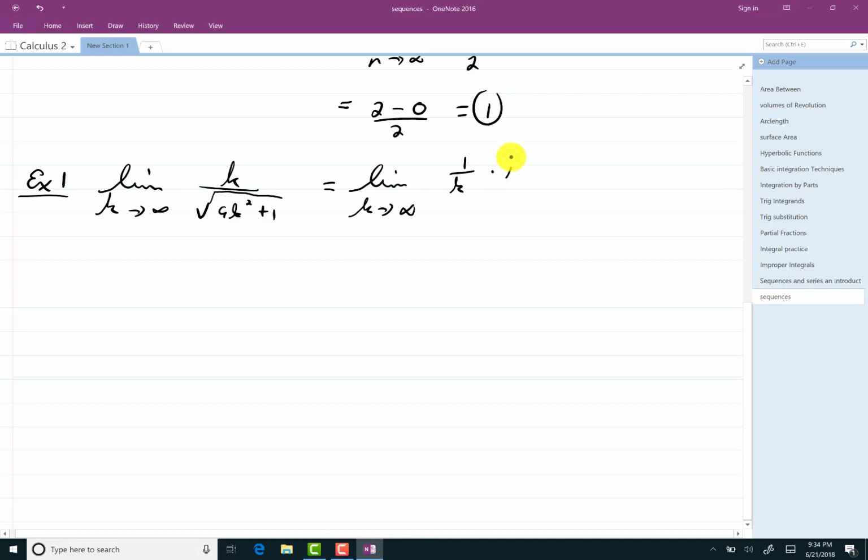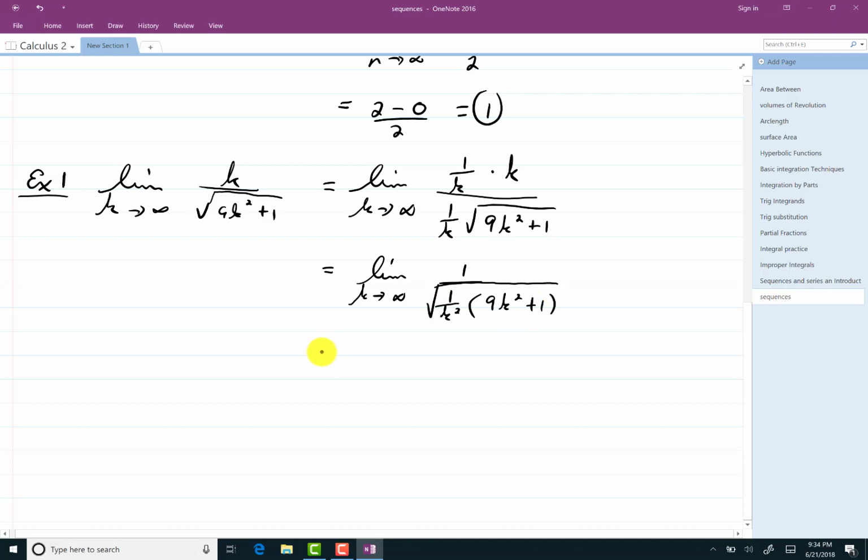So I'm going to multiply the numerator and denominator by this 1 over k. Now, of course, the numerator will become 1. And the denominator, when I bring the 1 over k inside of the square root, look what happens to it. It becomes 1 over k squared. And now I'm able to multiply through.